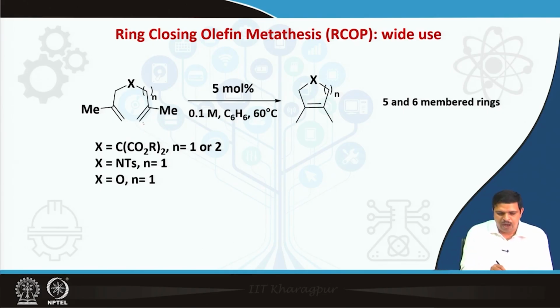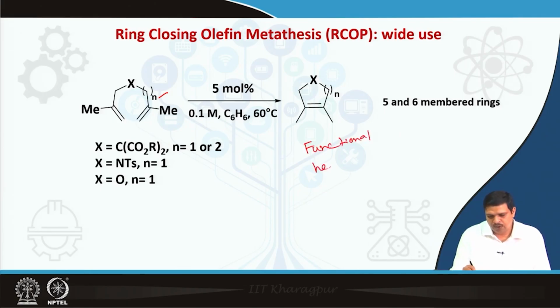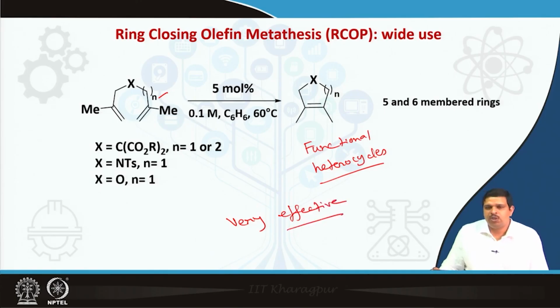Depending on your N, you can make 5-membered, 6-membered, 7-membered functionalized heterocyclic compounds, and it is a very effective method, which is why it is so popular in organic synthesis and also in medicinal chemistry.